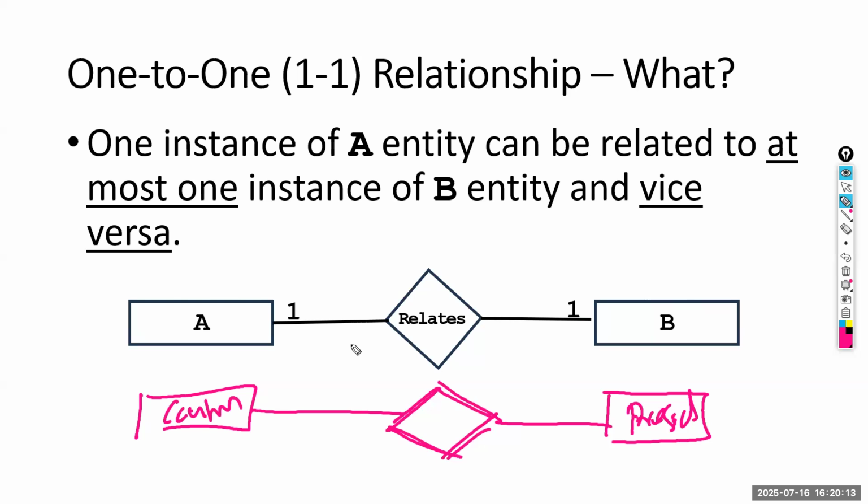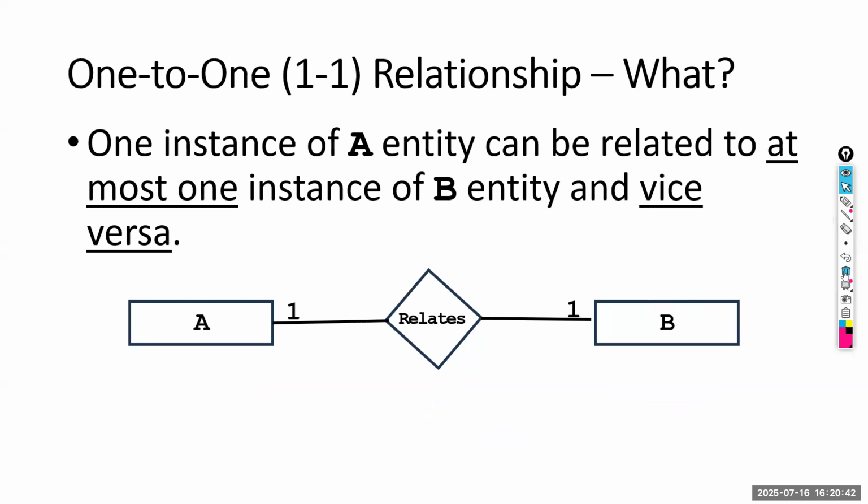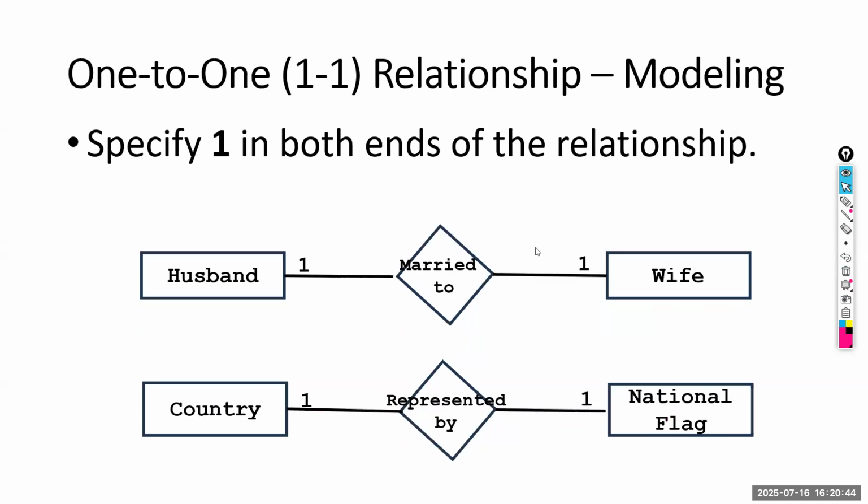In a tournament, one player is supposed to play for one team. Or one captain is supposed to captain one team, and one team is supposed to have one captain for a particular game. One-to-one relationships are rare. That is why you find it difficult to find. Yes, very rare, but they exist.